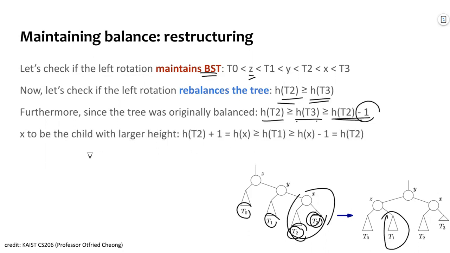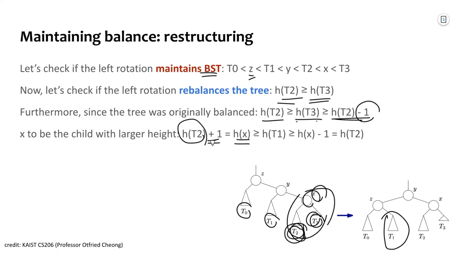And let's say X is the child with the larger height. Because we have T2 here, and we have one more node here, if we add 1 to the height of T2, that is going to be the height of X. So the height of X is HT2 plus 1.